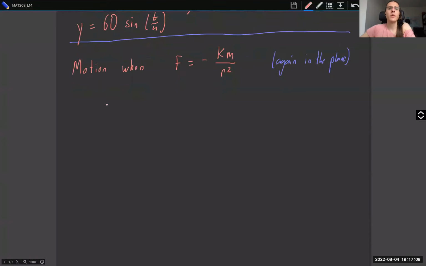And so if we were going to set up the equations as we did before, then we'd get x over r times negative km over r squared, which is going to give us negative kmx over r cubed.